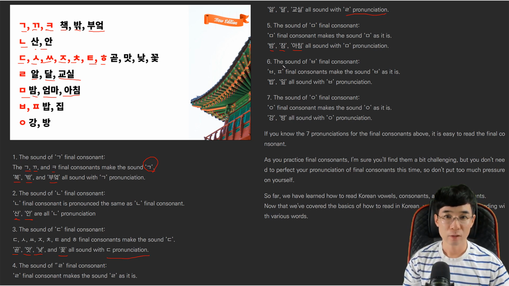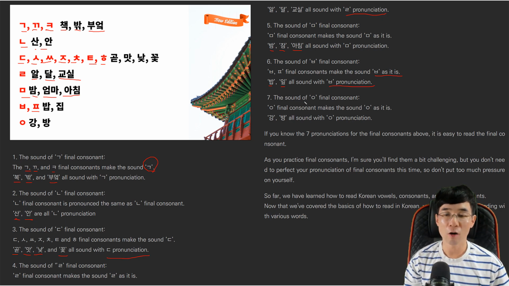Number 6, the sound of 비읍 final consonant. 비읍 final consonants make the sound 비읍 as it is. 밥, rice, 잎, leaf, 집, house, all sound with 비읍 pronunciation.